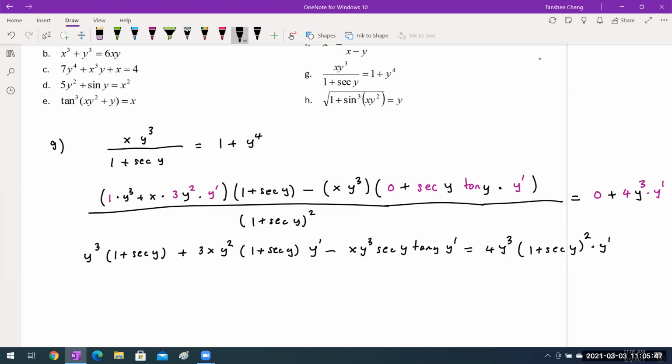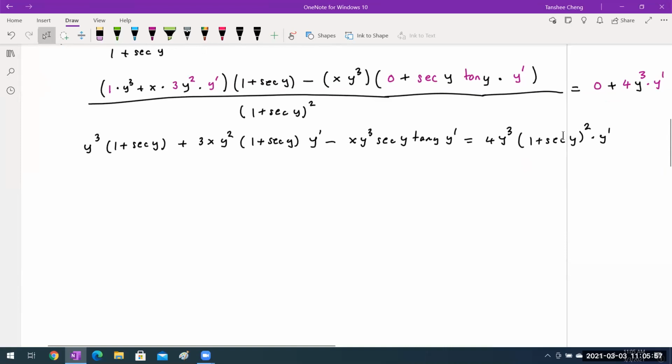Then what we want to do is put all the y prime terms on one side and the rest on the other side. So the easiest way to do it is to move the right hand side y prime term into the left hand side and then work on it, right?